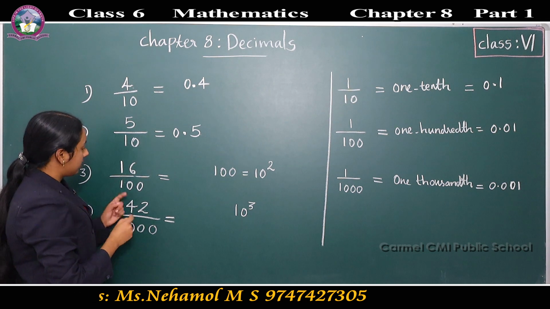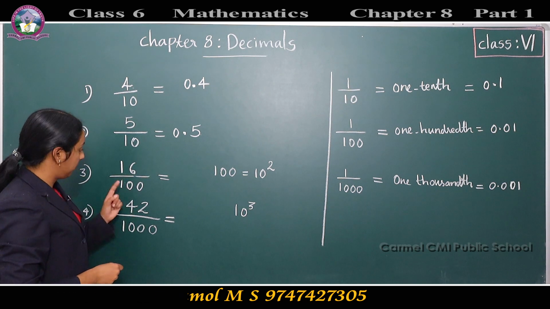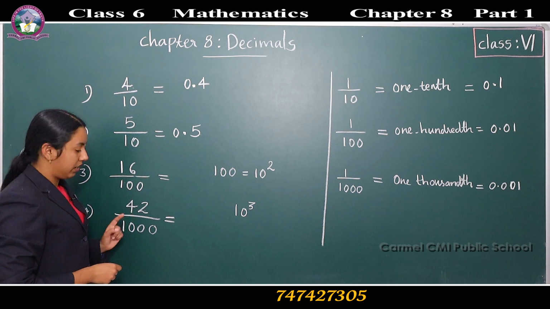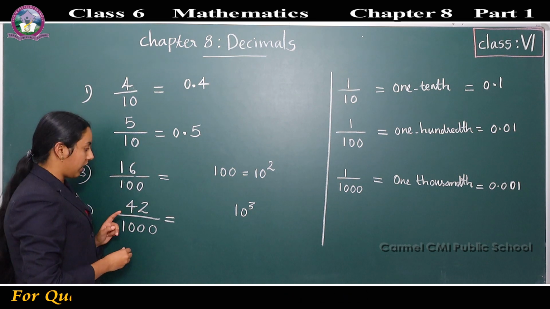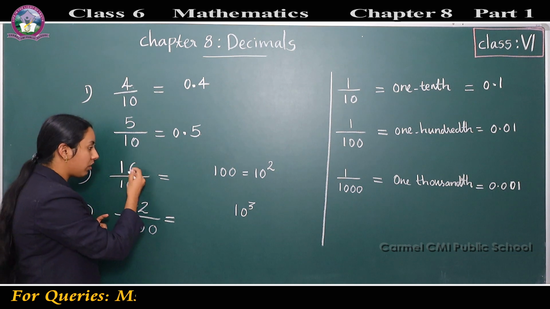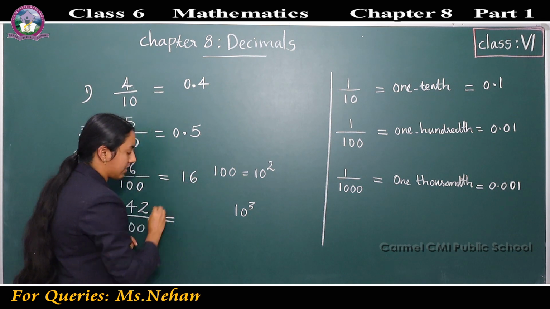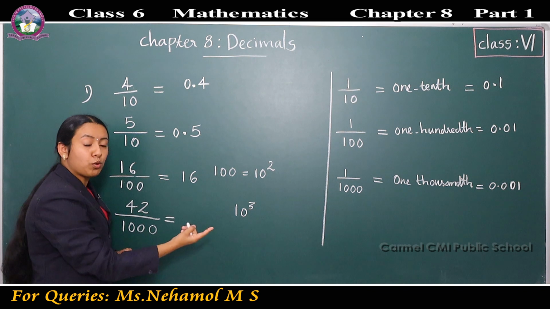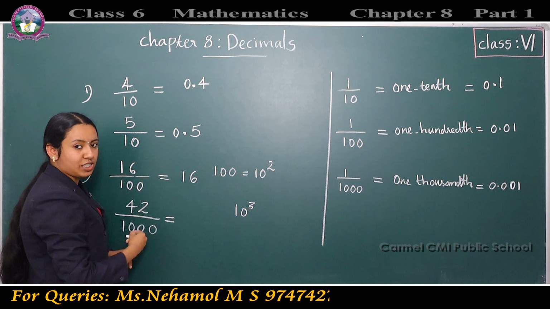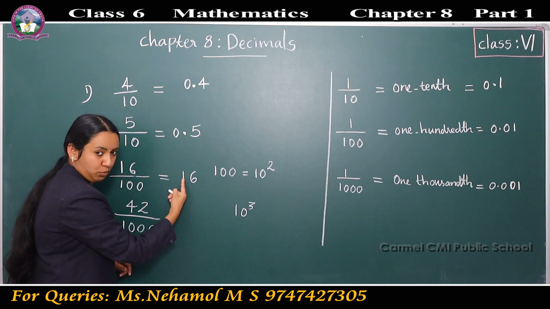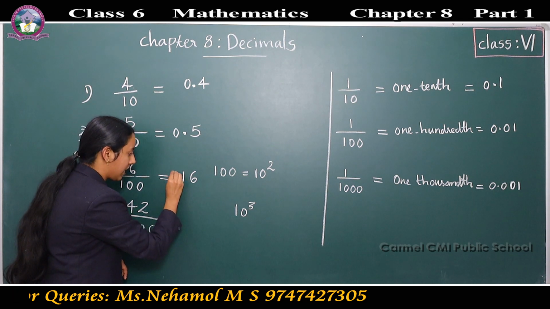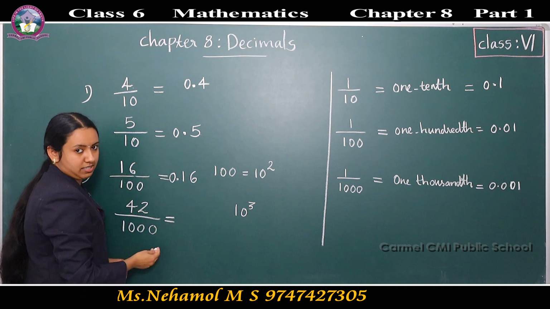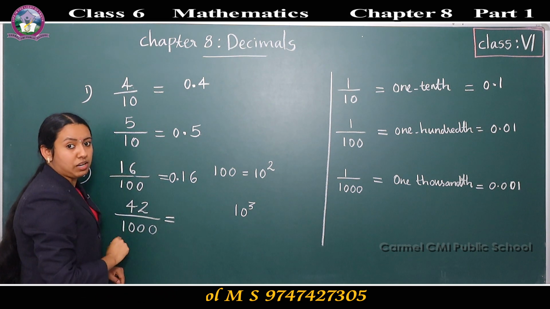Next one, 16 by 100. In the denominator, how many zeros are there? 2 zeros. So first we write the numerator itself, then count 2 places from the last digit to the left, 1, 2, and put a decimal point. So 0.16 is the corresponding decimal number.